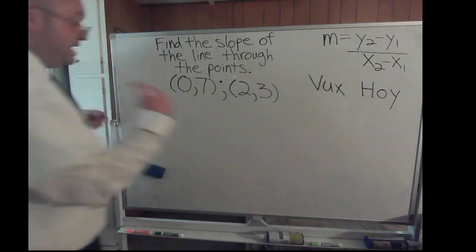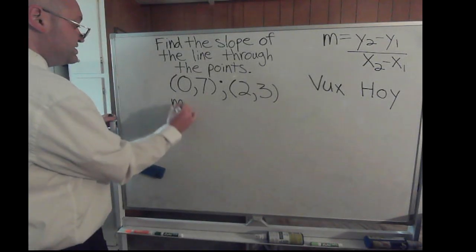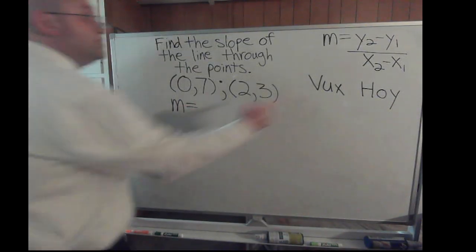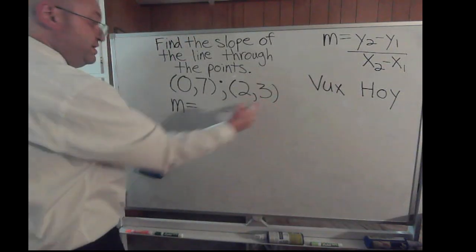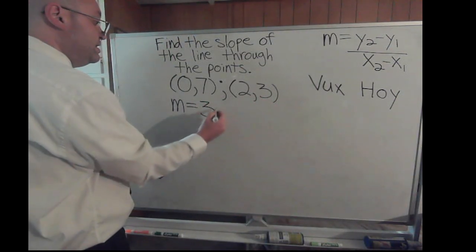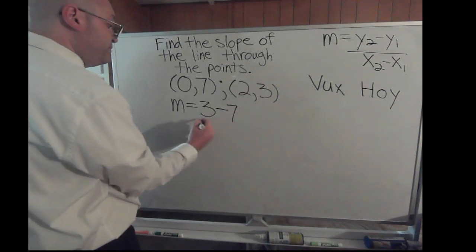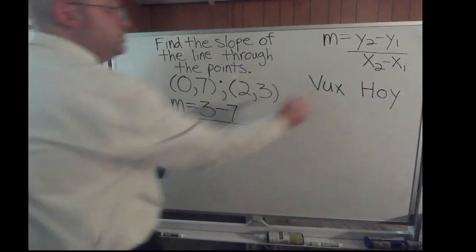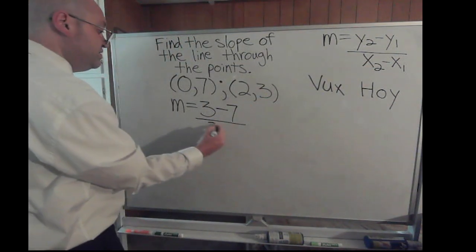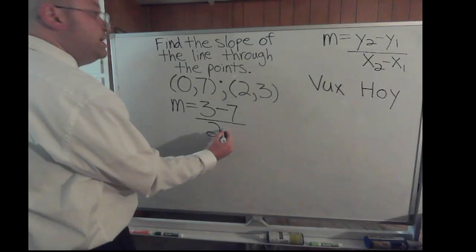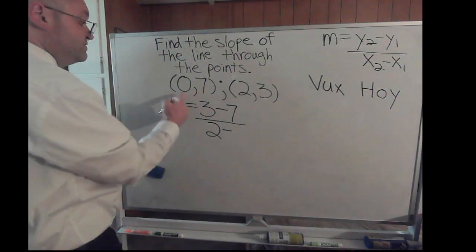Well, again, take your slope, m, is equal to your second y coordinate, which would be 3, minus your first y coordinate, which would be 7. So you have 3 minus 7 all over your second x coordinate of 2, minus your first x coordinate of 0.